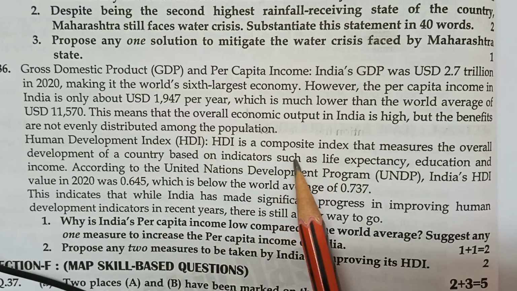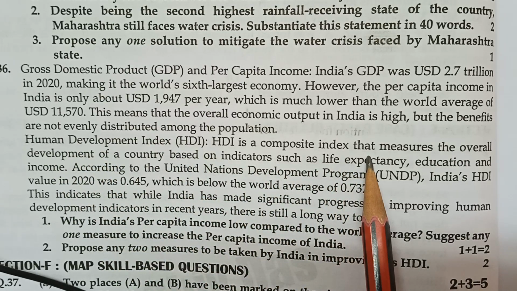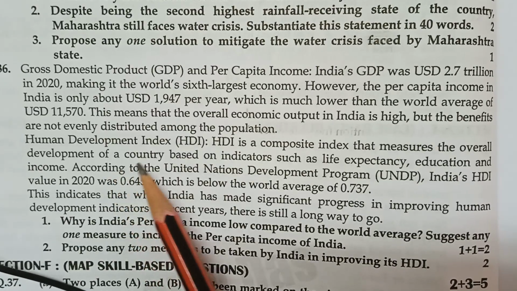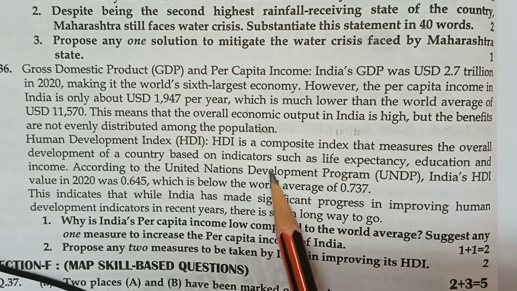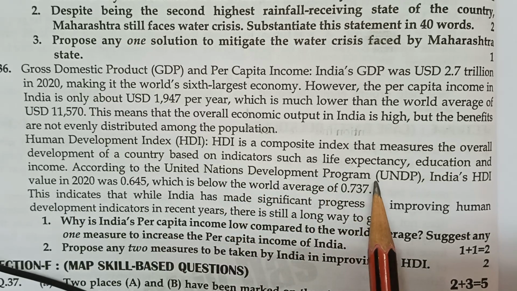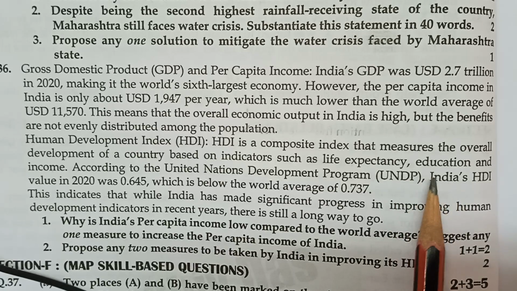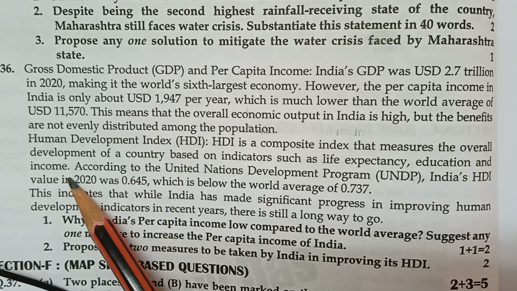HDI is a composite index that measures the overall development of a country based on indicators such as life expectancy, education, and income.